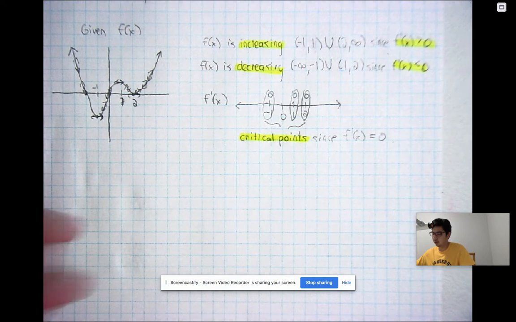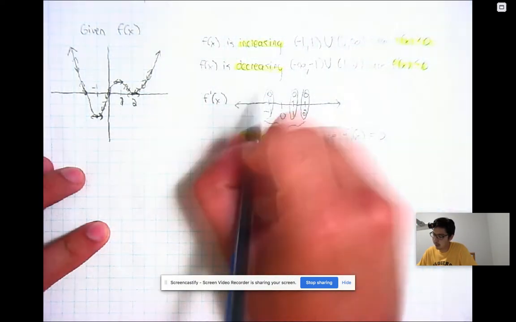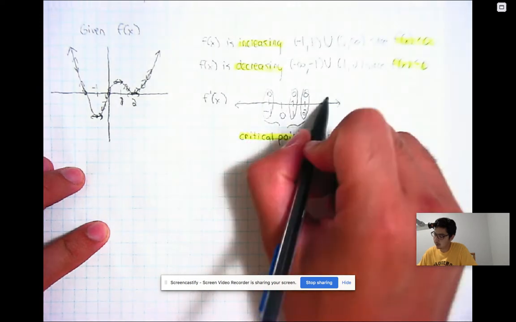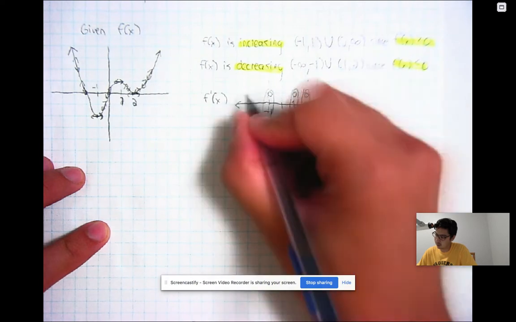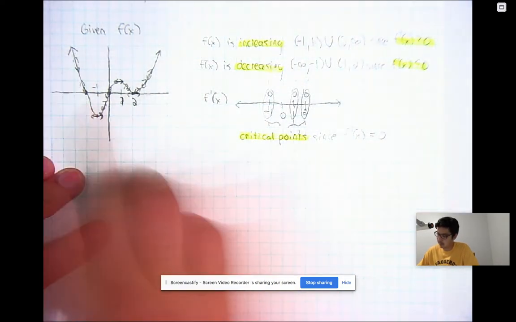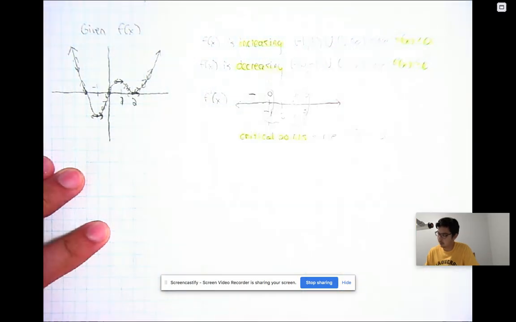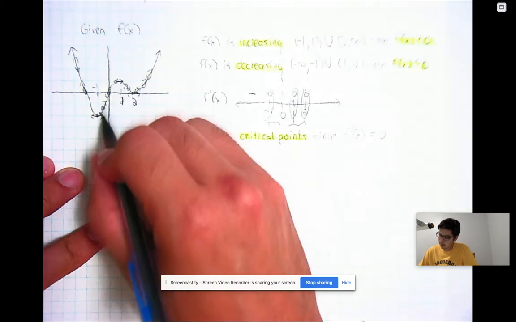Now, one thing I like to do on these number lines of f prime of x is analyze what's happening to f prime of x in each of these intervals. Imagine drawing a vertical line. Because of these zeros, I just created 1, 2, 3, 4 different intervals. Before -1, f prime of x is negative, so put a negative there.